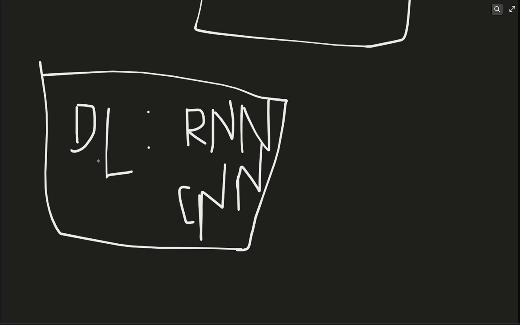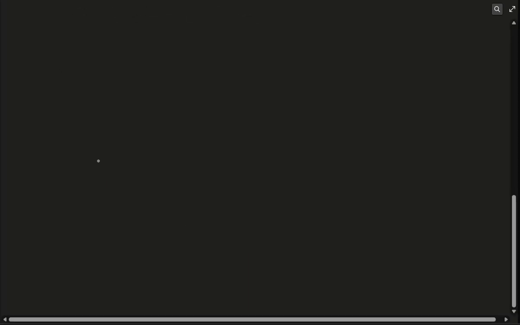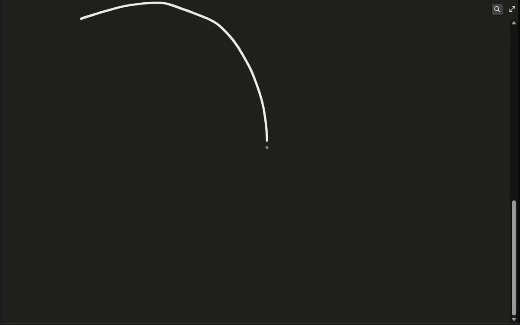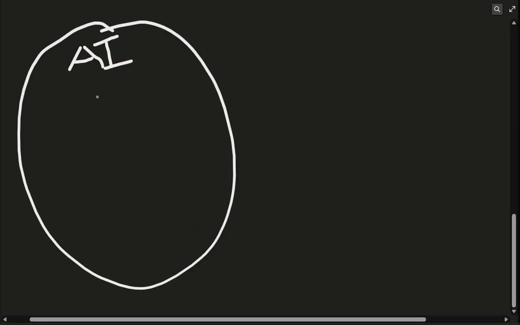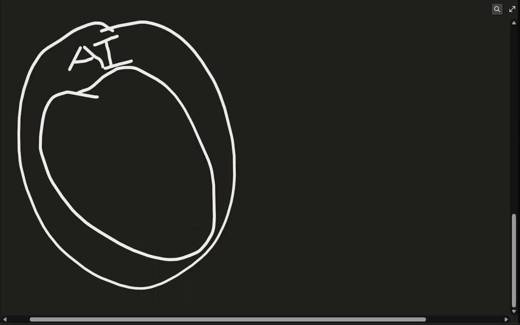So how are these connected? Let's say we have a circle which we call AI. This is the AI domain. In this circle we have ML, which is a subset of AI.